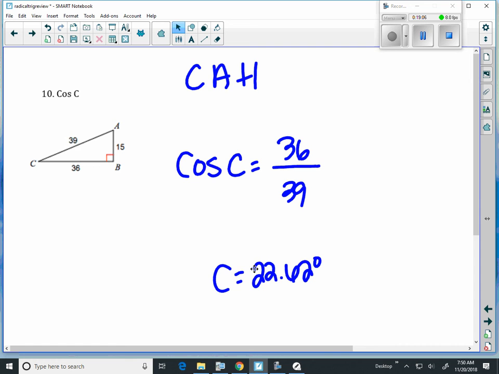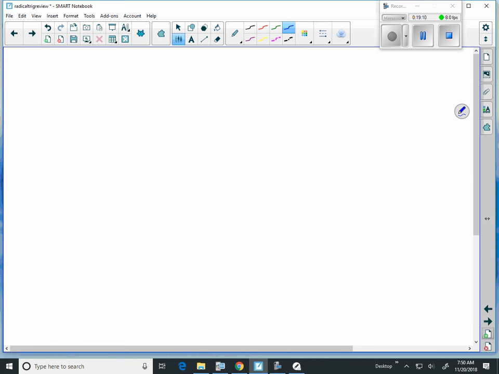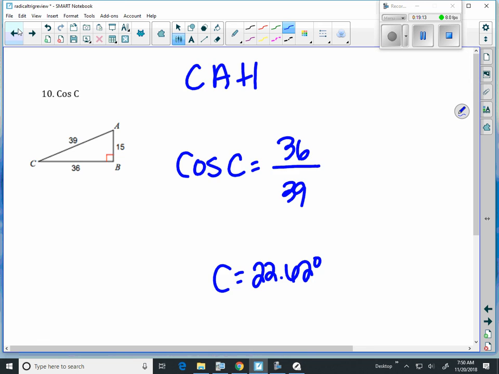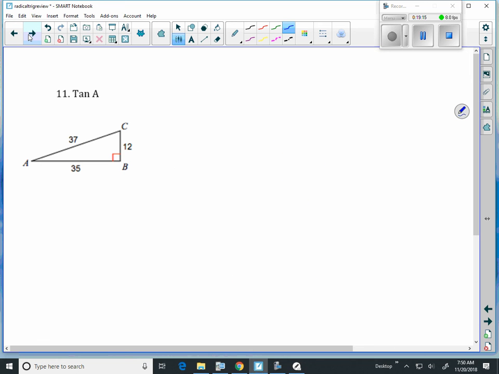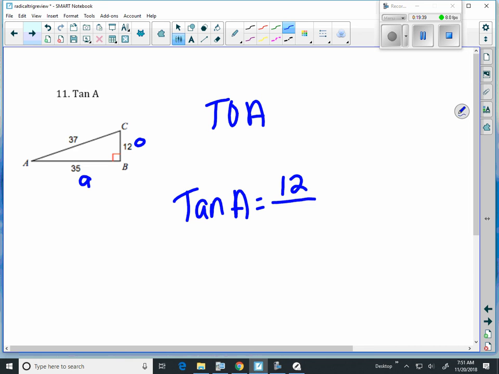Tangent, exact same thing, except tangent is the TOA part. T-O-A. So we're doing tangent of A. So what side is opposite? The O. What side's opposite? 12. This is our O. What side is adjacent? 35. Don't get tricked by that 37. The 37 is the hypotenuse. So we'll do opposite over adjacent.